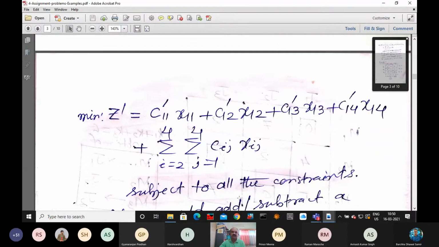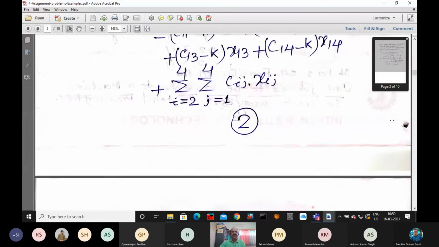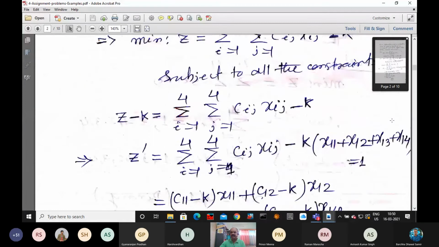So this is becoming a new assignment problem, new because the cost coefficients are different. But we have not changed anything.